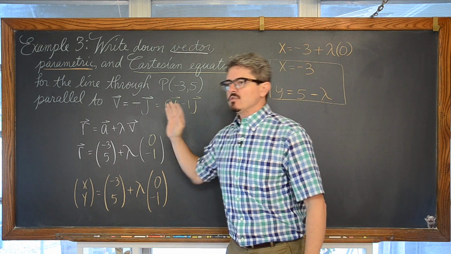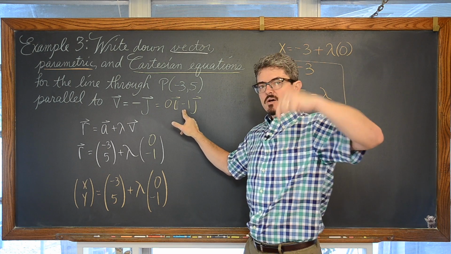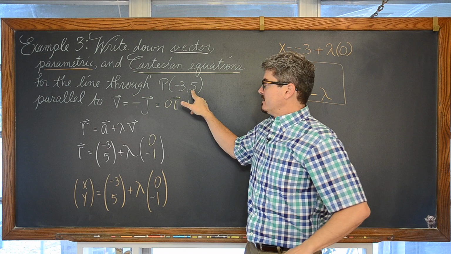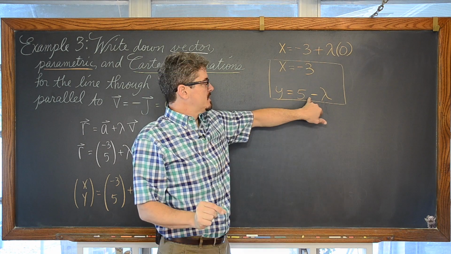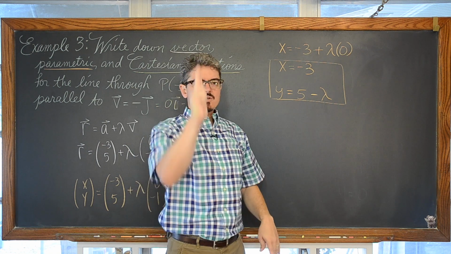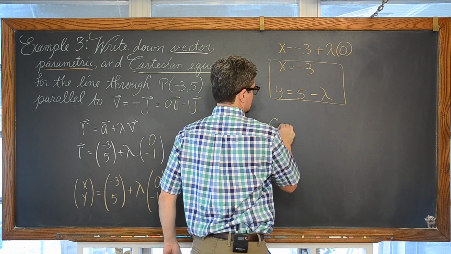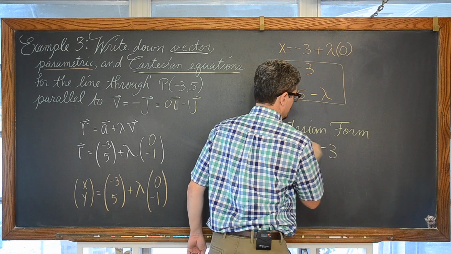If you have a direction vector that has no horizontal movement, only movement down 1, from the point (-3, 5) the line is simply moving down. It's a vertical line with an undefined slope. And remember, the equation of a vertical line is simply x equals that number. So in Cartesian form, we have x is equal to negative 3.